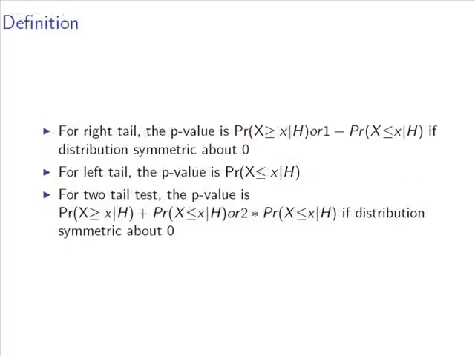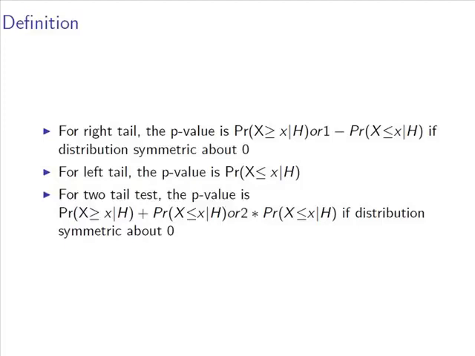For right tail, the p-value is the probability of x greater than or equal to the test statistic, or 1 minus the probability of x smaller than or equal to the test statistic, if the distribution is symmetric about 0. For left tail, the p-value is the probability of x smaller than or equal to the test statistic.